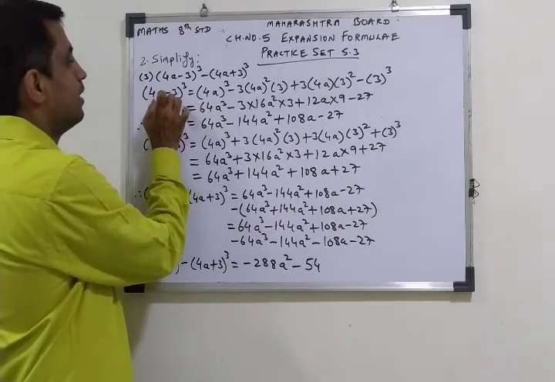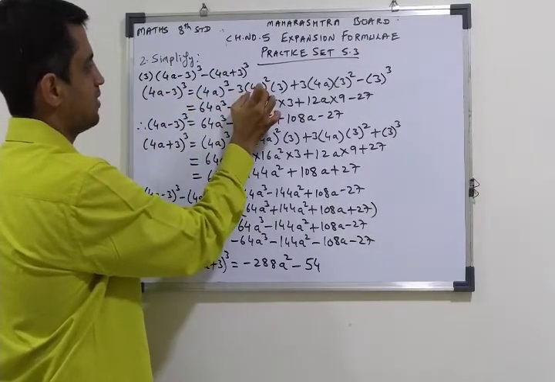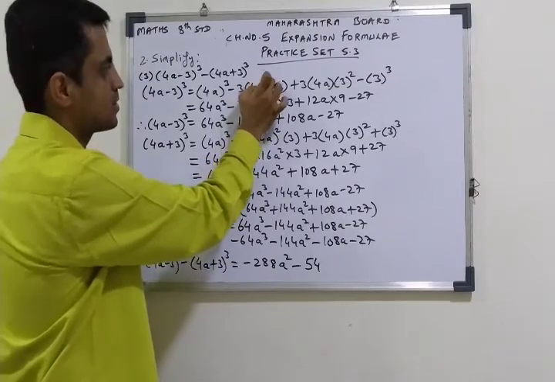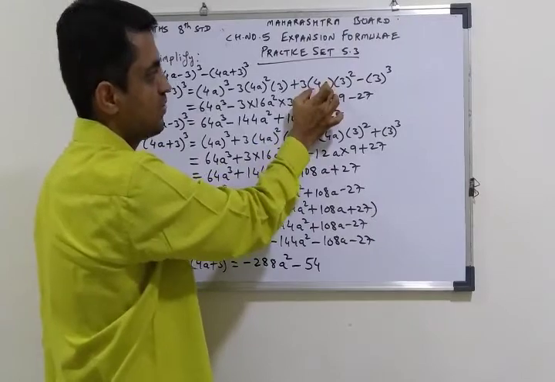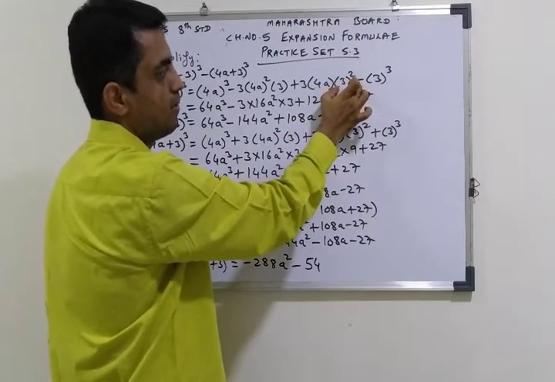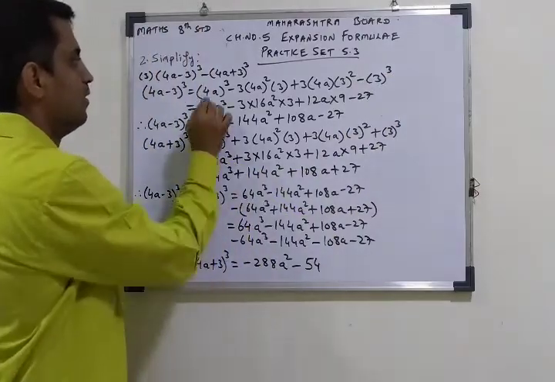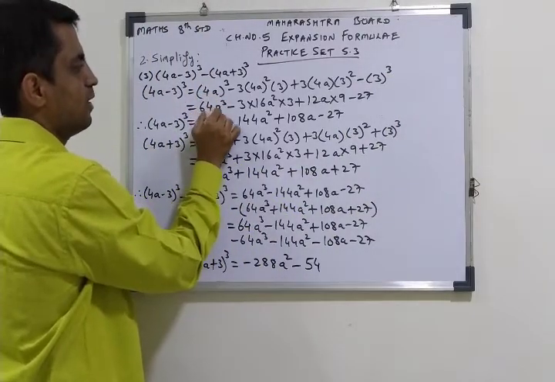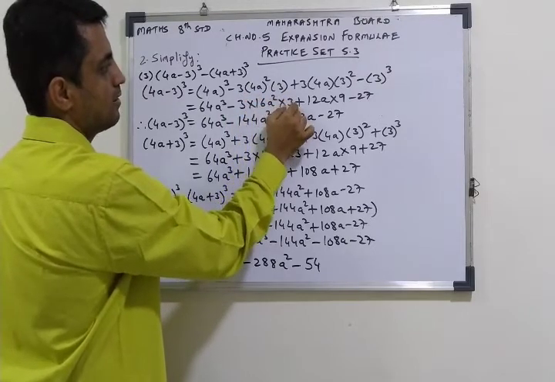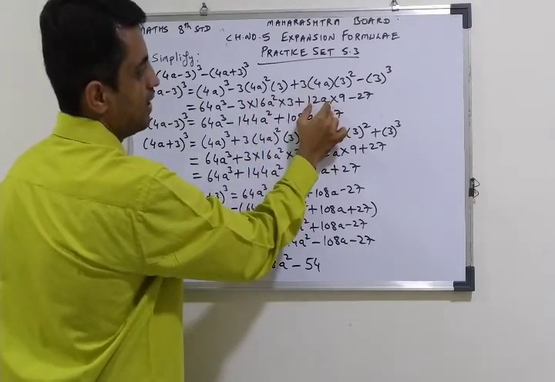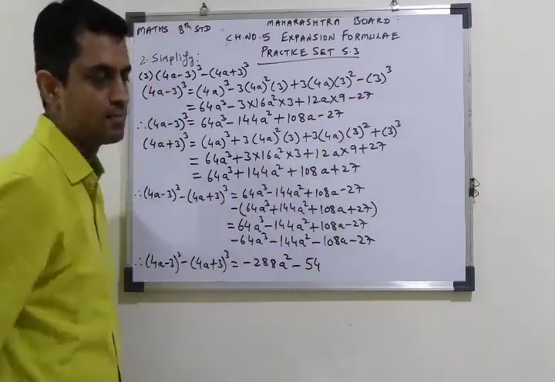Now here, instead of a we will write 4a: (4a) cube minus 3 into (4a) square into b, plus 3 into a, which is 4a, and here b square means 3 square, minus 3 cube. Same way as we did earlier. 4 cube is 64a cube. 4 square is 16a square and 3. 4 3s are 12. 3 3s are 9. 3 cube is 27.